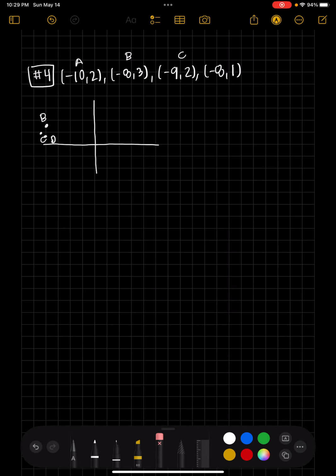We're going to erase our A. And instead, we're going to make this our D. And instead of negative 10, 2, I want it to be right here. So I want it to be negative 7, 2.